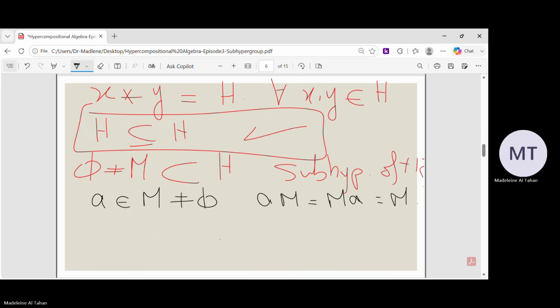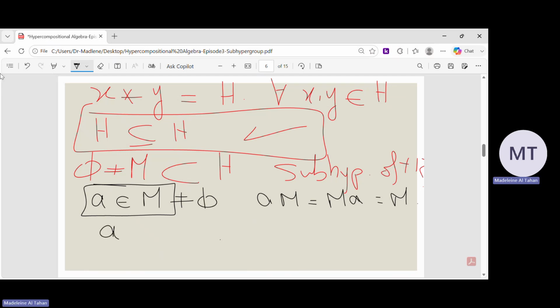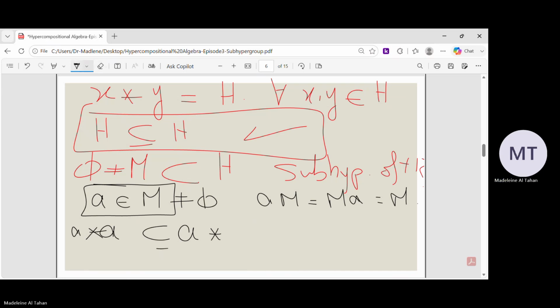Now, we know that A belongs to M, so at least it will have one element. A belongs to M, it means that A star A is a subset of A star M, right?